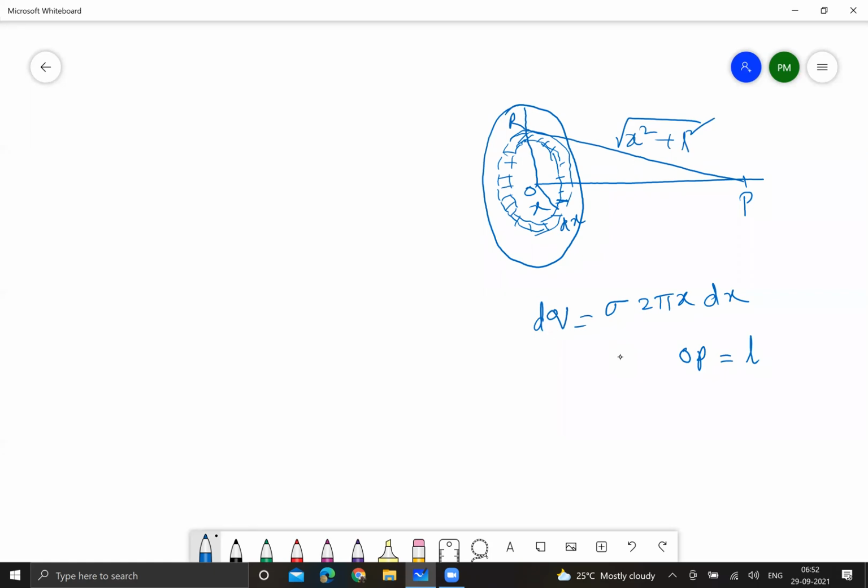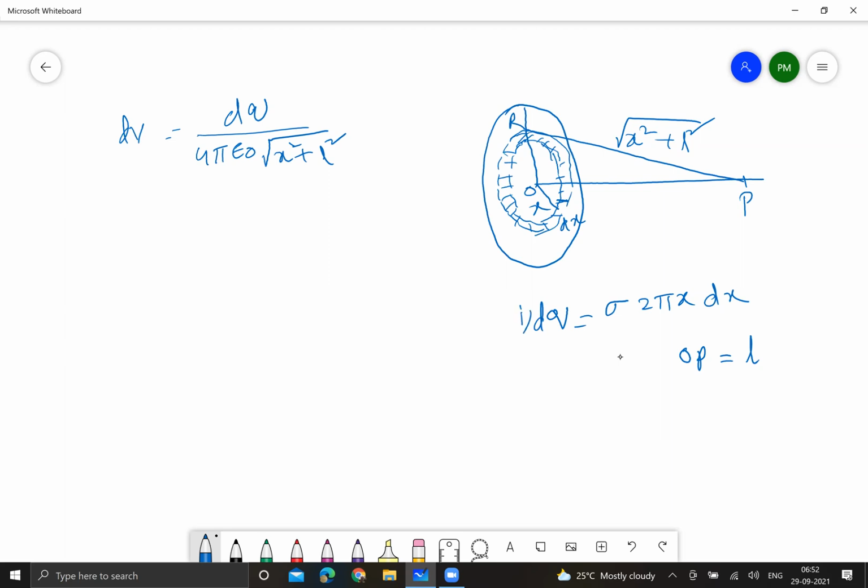So the potential due to this strip at the point will be dq by 4 pi epsilon 0 into root of x square plus L square. This is the first step.